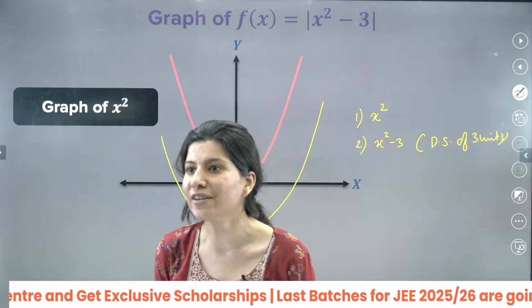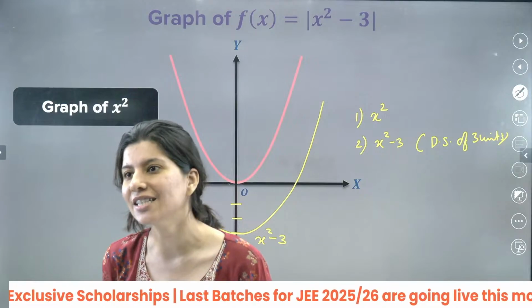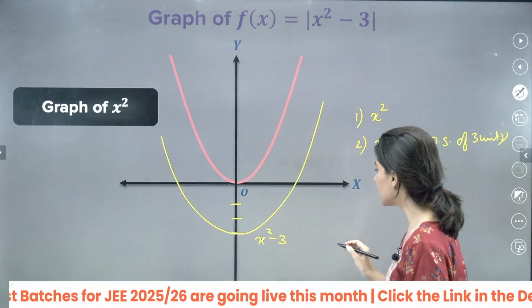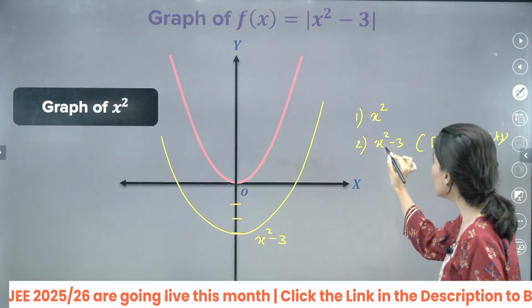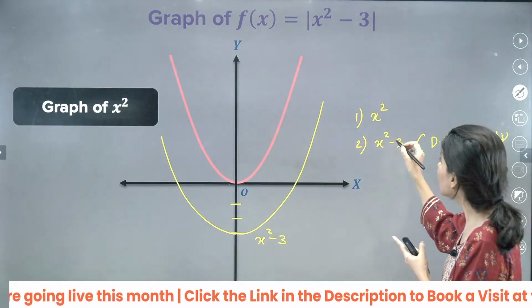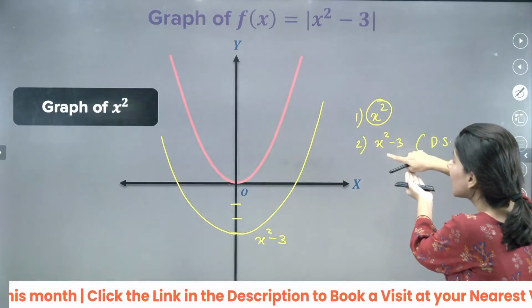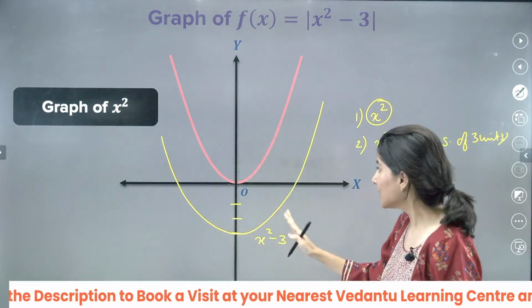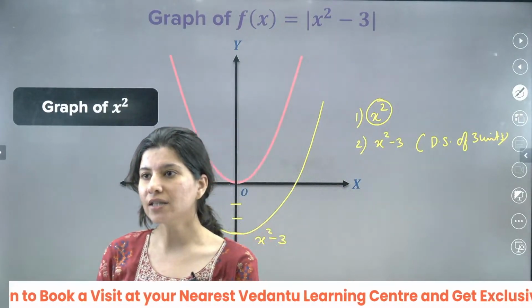Who is saying right shift? Right shift we will do when we are doing it in x. Right now, did you see x square? I have subtracted 3 from x square, not from x. So this is your downward shift.